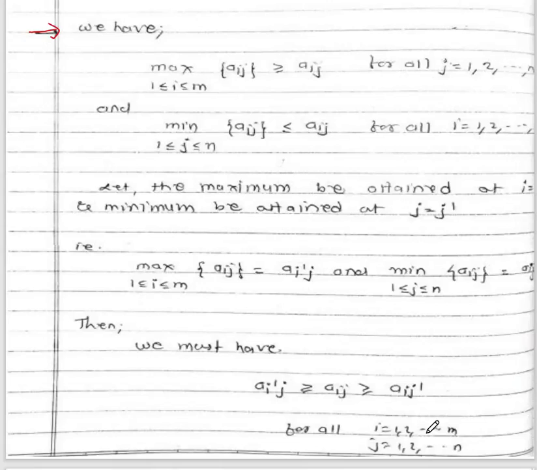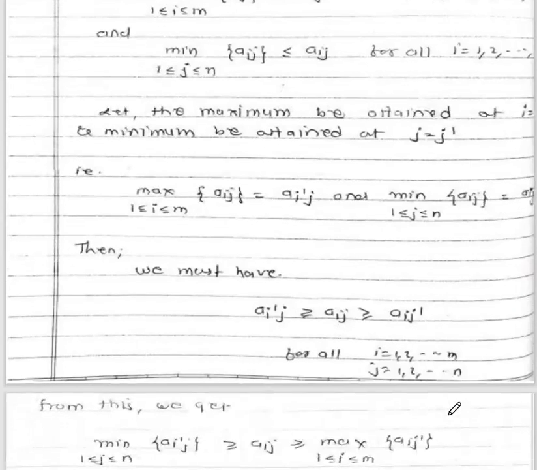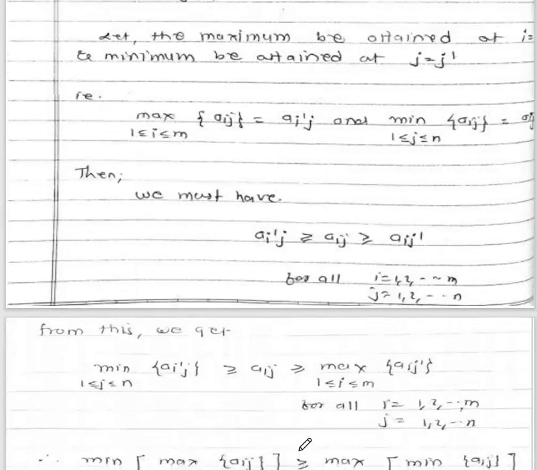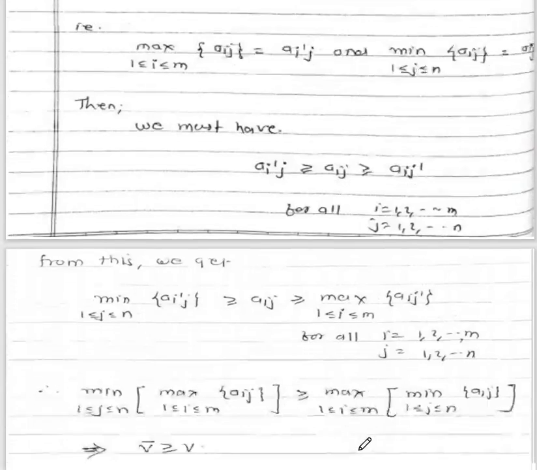Then we must have Ai dash j greater than or equal to Aij, and this is greater than or equal to Aij dash, for all i equal to 1 to m and j equal to 1 to n. So if we take the Aij dash value and take minimum and maximum, then we will get minimum Ai dash j greater than or equal to Aij greater than or equal to maximum Aij dash for all i equal to 1 to m, j equal to 1 to n.